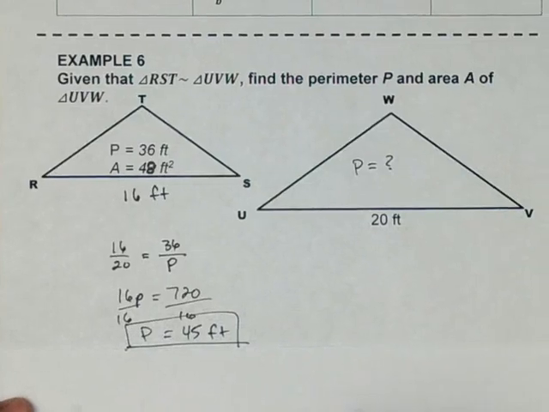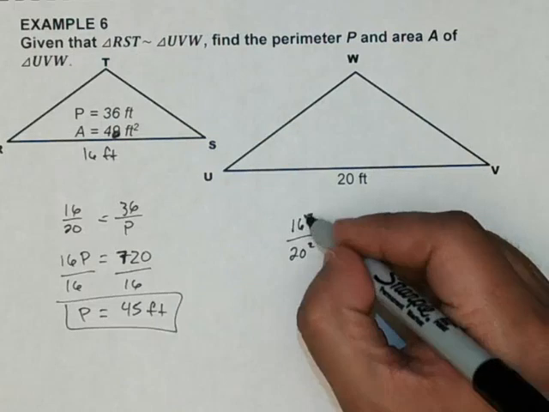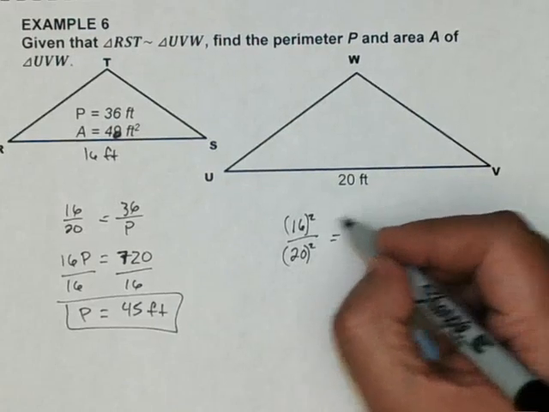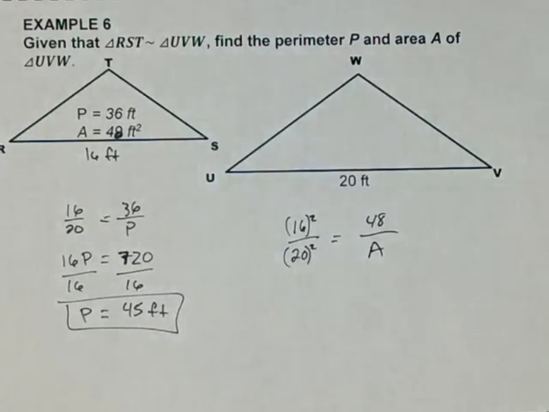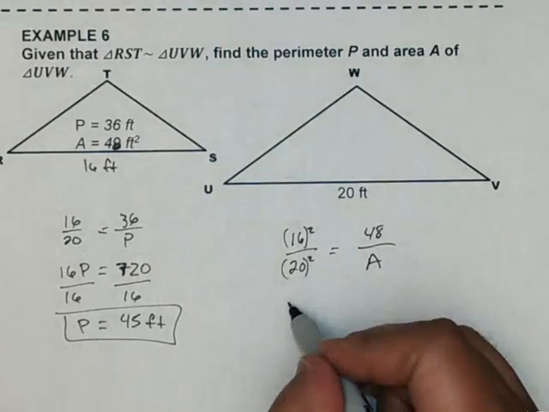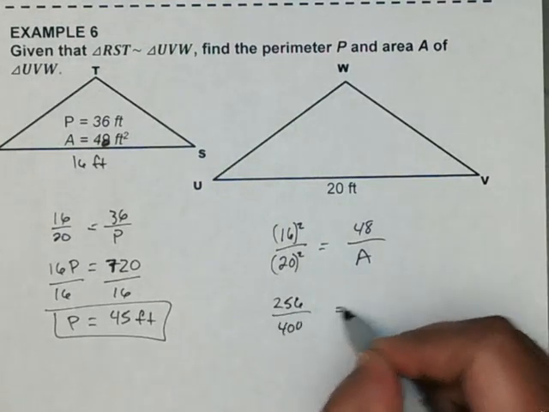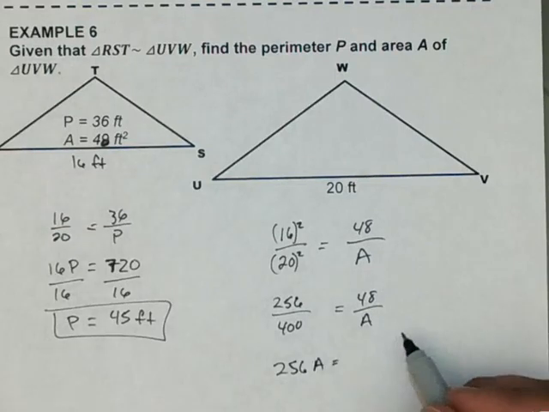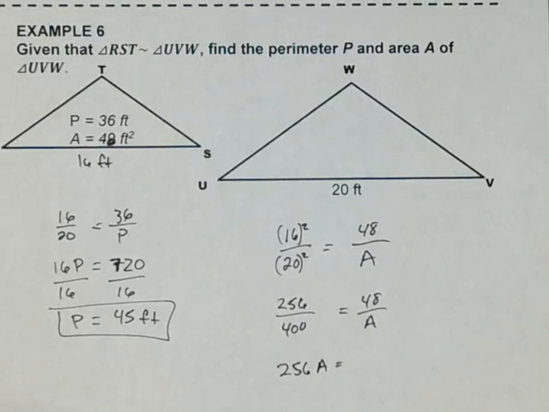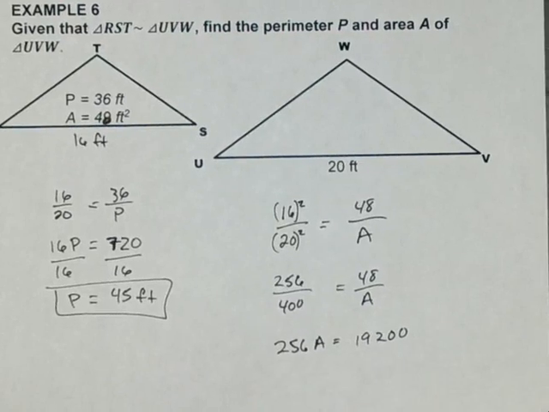And then for the area, we're going to have to do 16 squared over 20 squared, and then 48 over A. For 16 squared, that comes out to be 256. 20 squared would be 400. 48 over A. So we do 256A is equal to 48 times 400, which is 19200, divide by 256.